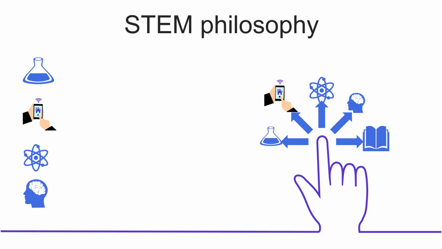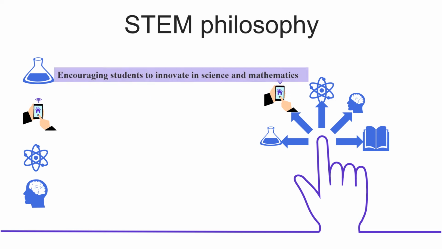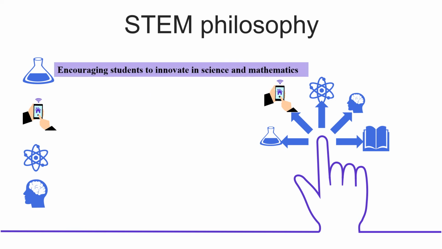So what is the STEM philosophy based on? Actually, the STEM philosophy is based on encouraging students to innovate in science and mathematics, innovating in your career or field of study by bringing all these sciences together to create something new and to be a creative person.